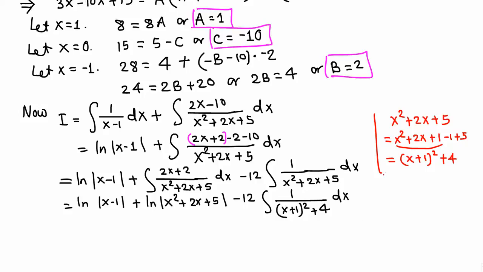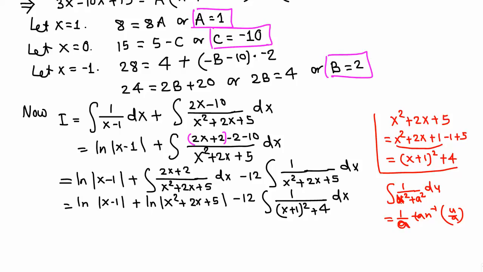And as we know, there is a formula: 1 over x squared plus a squared dx, or let me write it with u, 1 over u squared plus a squared du, then that's 1 over a tangent inverse of u over a.